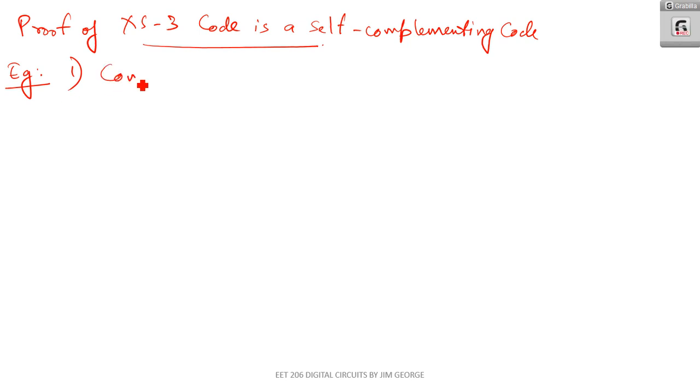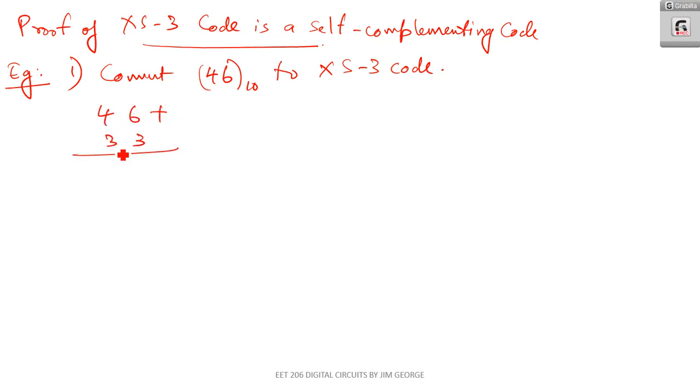Convert 46 to the base 10 to XS3 code. So there is a question. So 46 plus 33. What is it? It is 79. Right?